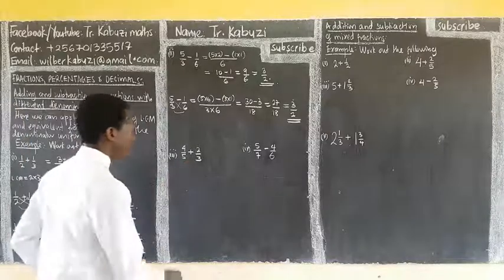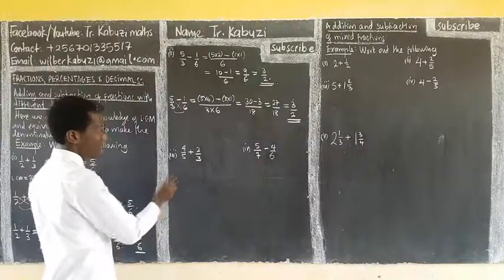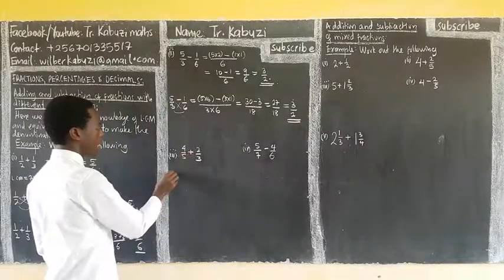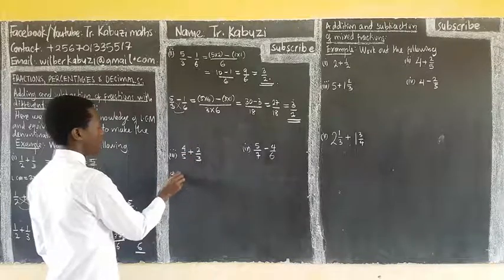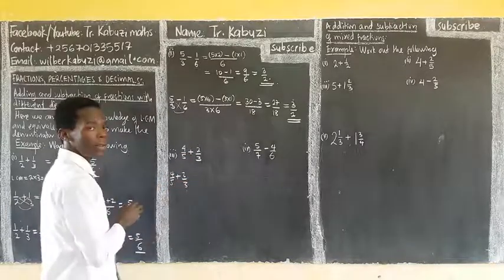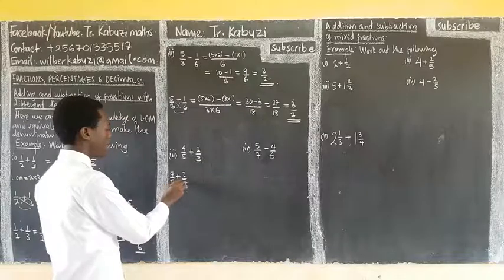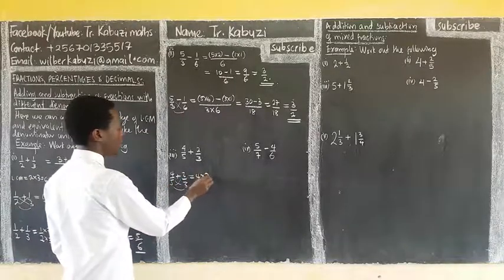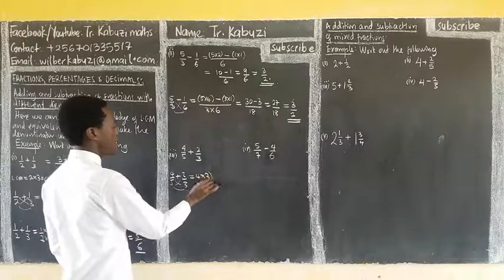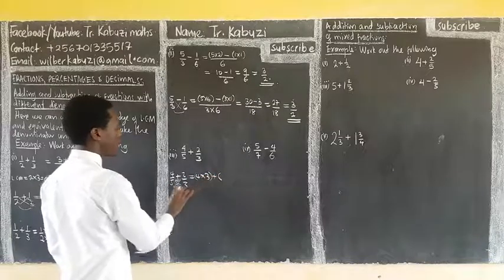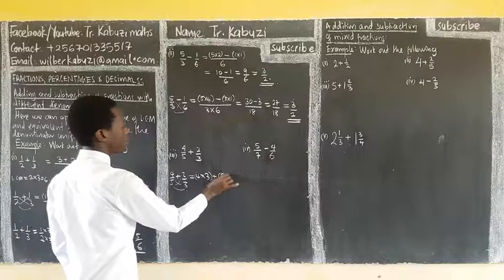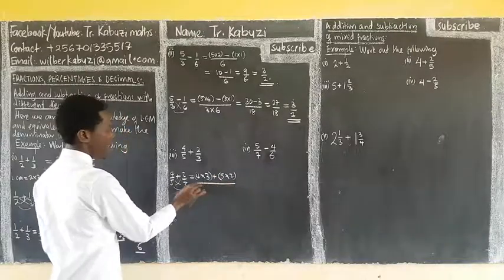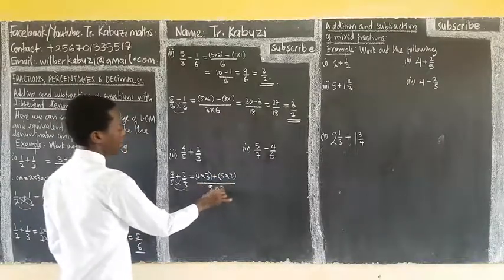Let me end with this, and then you try out this one. So I have 4 over 5 plus 2 over 3. I'm going to use the idea of cross multiplying. So I have 4 times 3, then plus 5 times 2, the whole over 5 times 3.